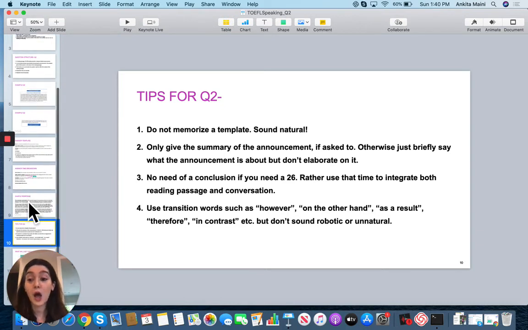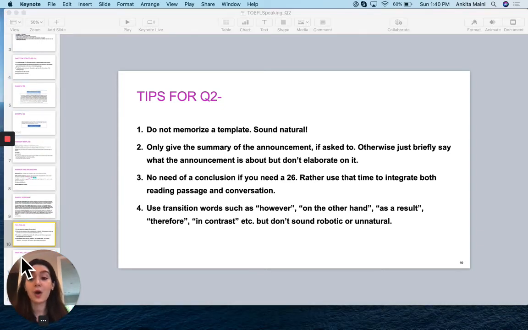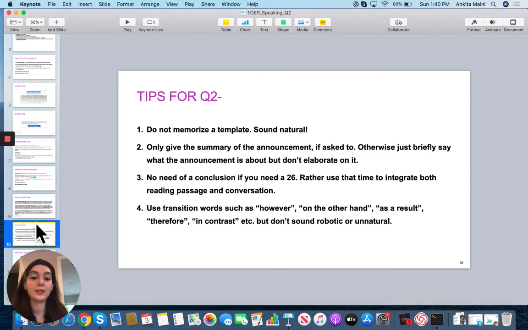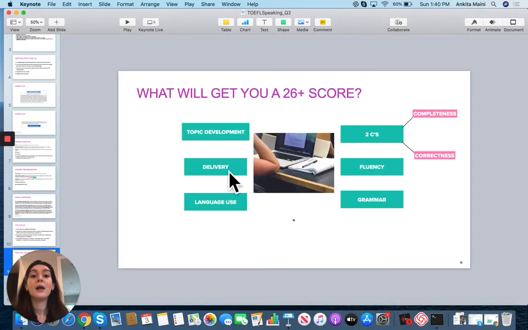Okay, so we have covered a lot of information. Now we're going to talk about what will get you a 26 plus. Okay, so if you need a 26 plus, remember, this is a score that a native English speaker would get if they were to take TOEFL. So you are targeting a very high score, so don't feel bad if you have not been able to get that until now. There are 3 categories on which ETS is grading you.